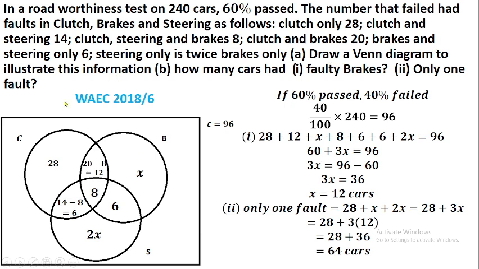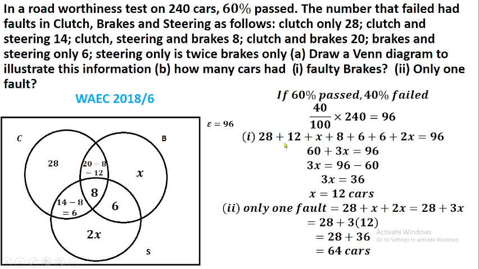Then draw a Venn diagram to illustrate the information, which is what you have drawn, and nobody is idle in the diagram. Then how many cars had fault in brakes? We cannot get that unless we first know the value of X. And how do we get that? By finding the union of everything to be equal to 96. So you have 28 plus 12 plus x plus 8 plus 6 plus 6 plus 2x equals 96.